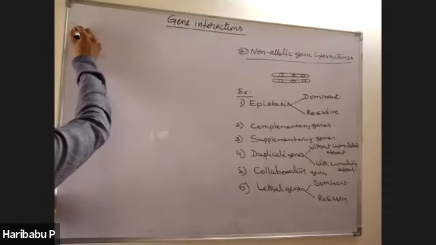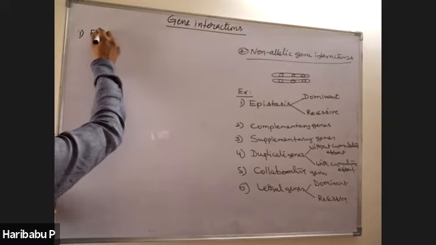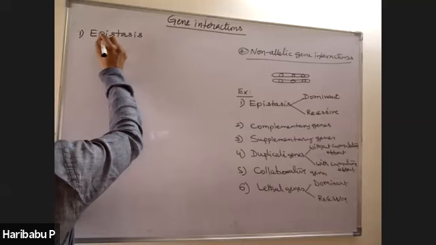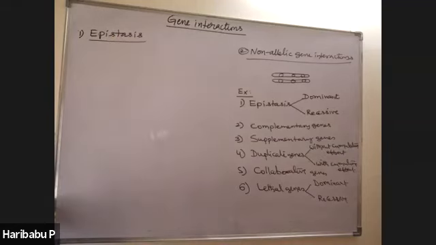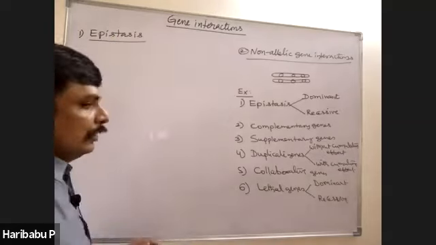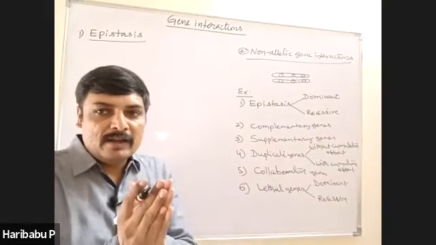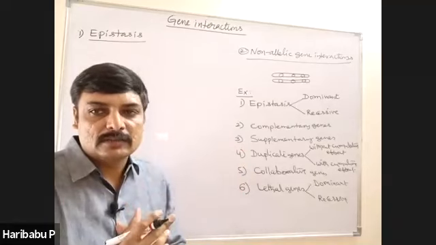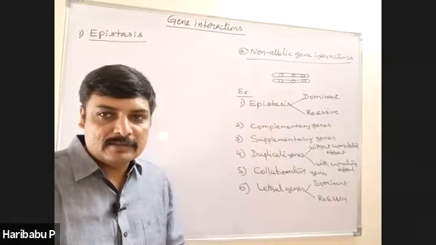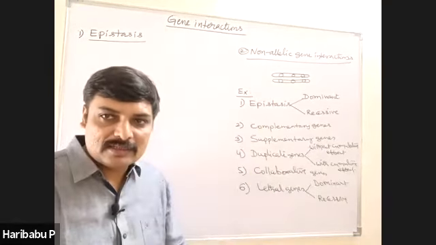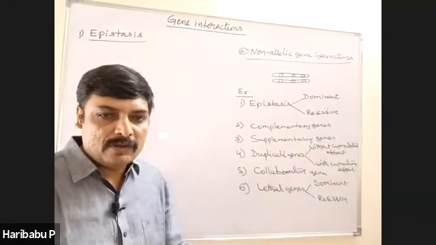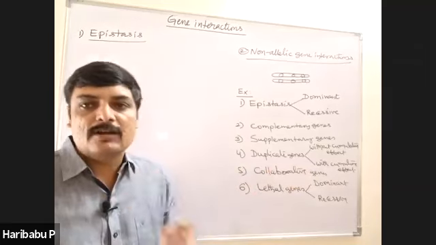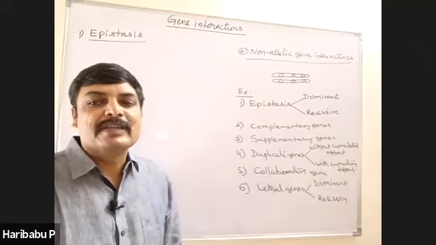What is meant by epistasis first? Epistasis means when a gene at one locus inhibits or masks the expression of another gene at another locus, then it is called epistasis.